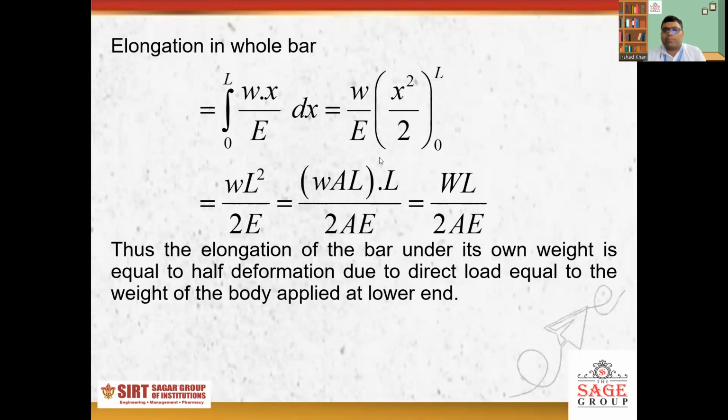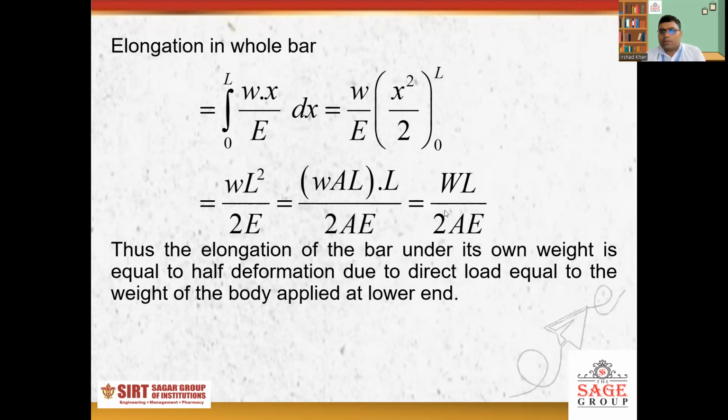Putting the upper limit L and lower limit 0, the relation is w L square upon 2E. This w can be written as W upon A L, and putting it in, A cancels, so the capital W is the weight of the whole bar. The final relation is W L upon 2 A E.